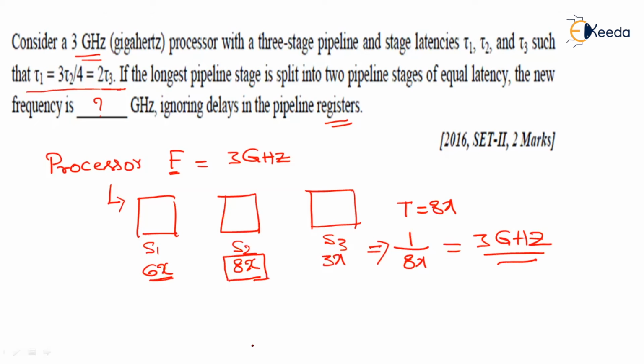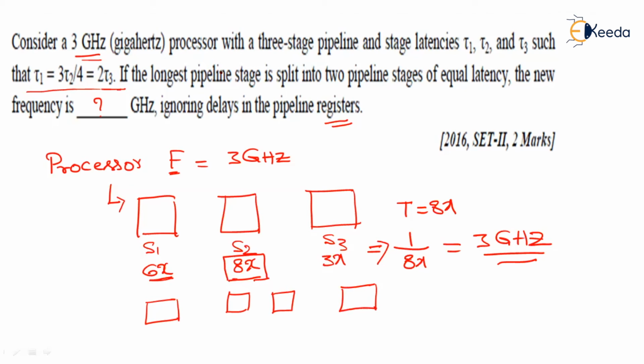The second pipeline has been updated by the same designer. In the second pipeline, if you have a look at this question, the longest pipeline stage is divided into 2 equal latency stages. That is, this is the longest stage, right? This has been divided into 2 equal latency stages, and the first stage and the final stage are not touched.